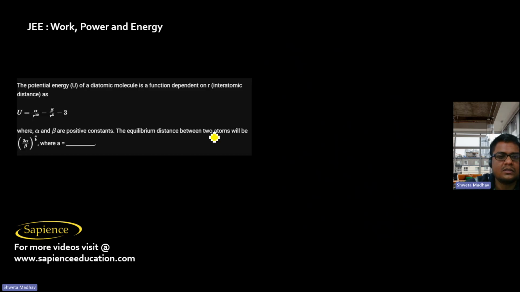Then here it is told the potential energy U of a diatomic molecule is a function dependent on R, where R is the interatomic distance.